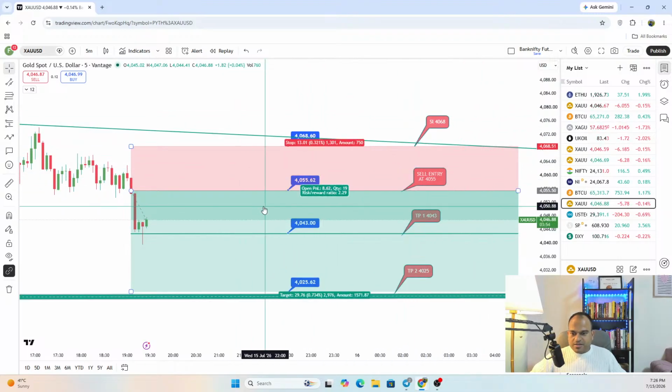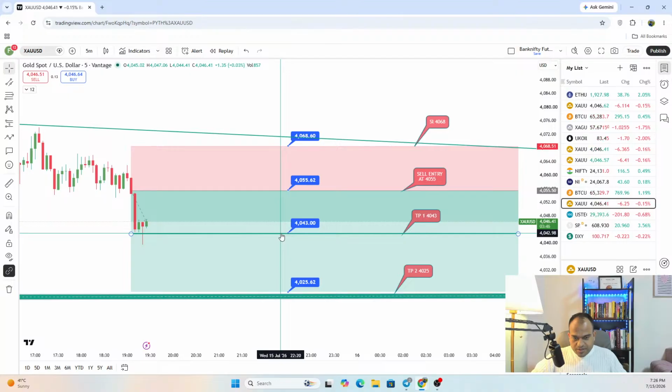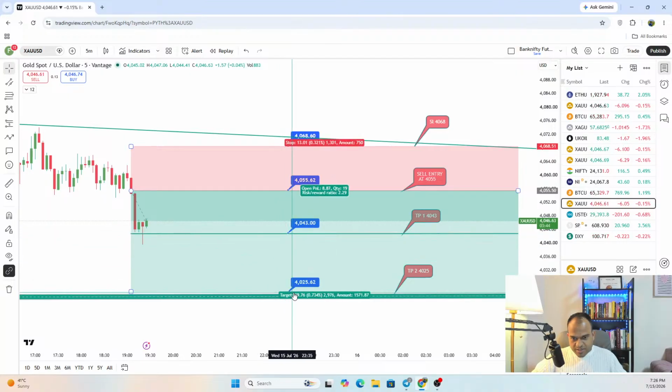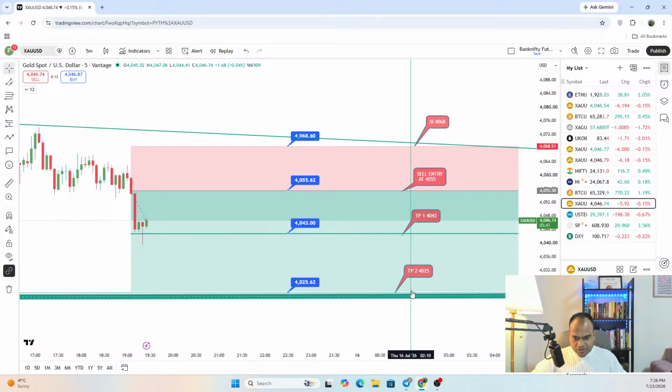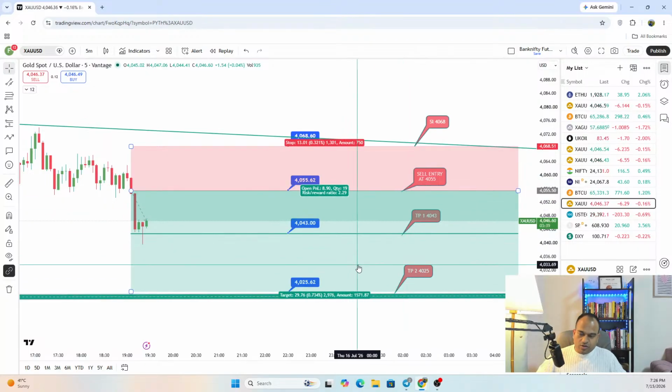So the idea here is that I opened two trades at the same time at 4055. For the first trade I kept my TP at 4043, which is TP1, and for the second trade my TP is 4025, which is 300 pips or $30.